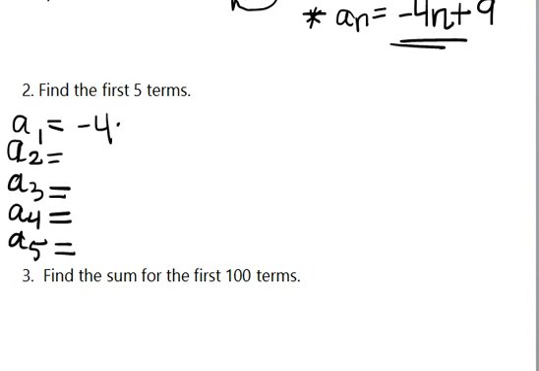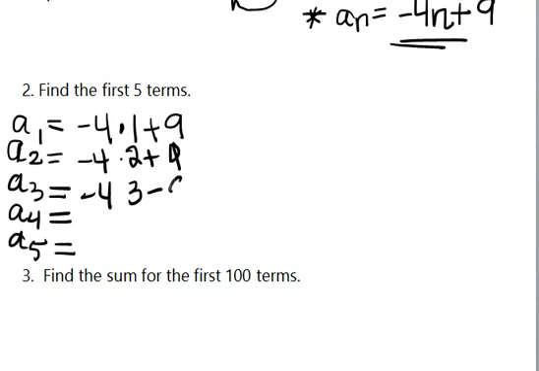If I said a sub 1 is negative 4 times 1 plus 9, then for a sub 2, I have negative 4 times 2 plus 9. Negative 4 times 3 plus 9 is the third term in my sequence. And negative 4 times 4 plus 9 is the fourth. Negative 4 times 5 plus 9 is the fifth.